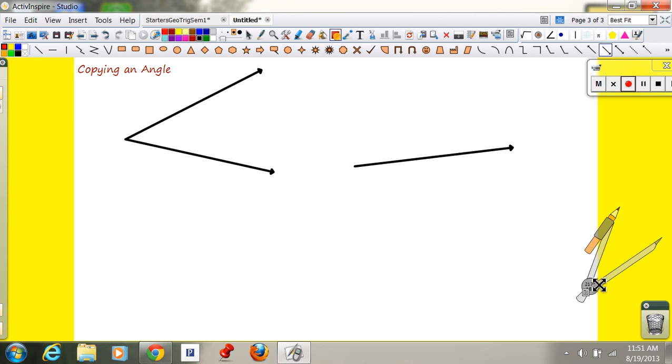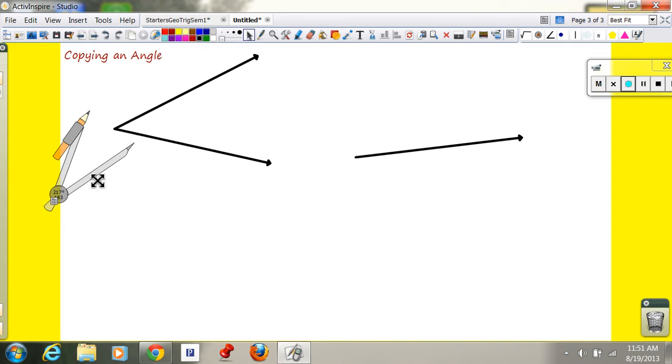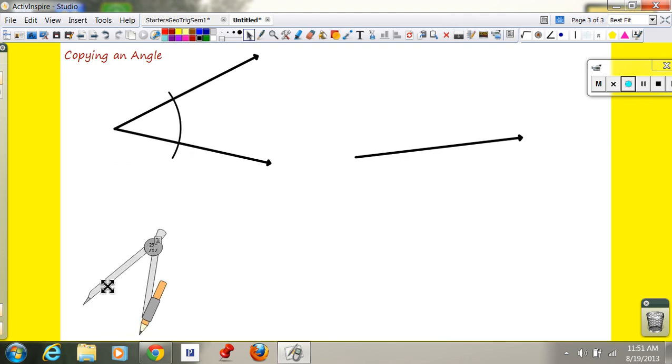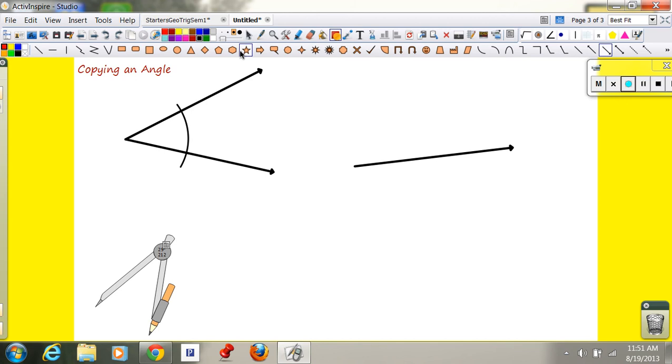To do that, we need our compass. And we need to put our compass on the vertex of our first angle, and we need to just draw an arc. It doesn't matter exactly where, you just need an arc. And the arc better cross your angle on both sides, because you need the two places where it crosses.